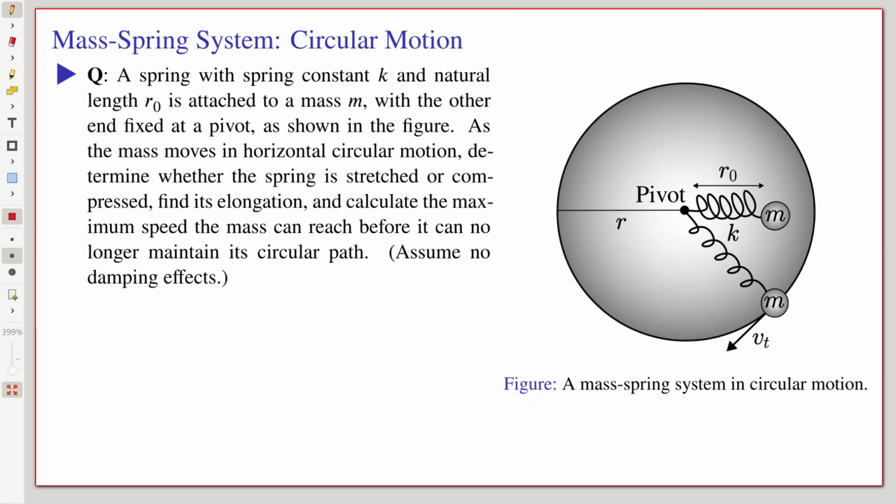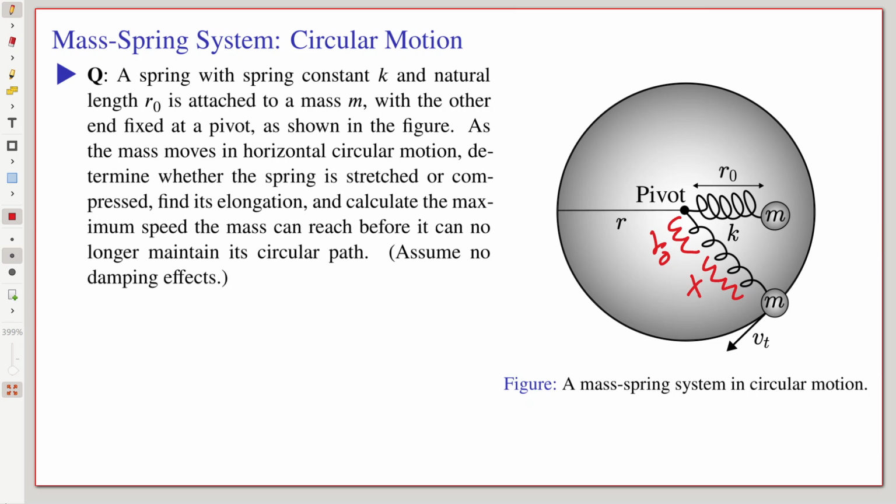The second part asks us to find an expression for its elongation. To do that, first of all, if you measure the distance from the pivot to here, it is R0, which is the natural length of the spring. Now, this extra distance due to the circular motion is actually x, or the elongation part.